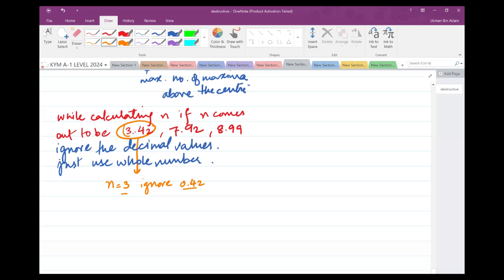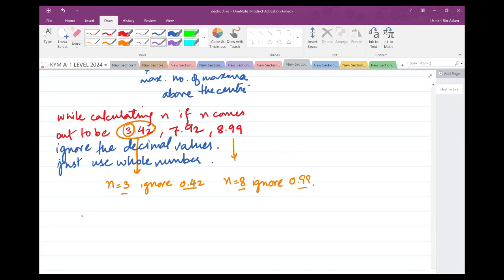That means 3 maximas are completely formed and 0.42 of a maxima was also being formed, but that 0.42 will not be counted as a complete maxima. In case of 8.99, n will be equal to 8, and you will just ignore the value of 0.99, even if it is almost a complete maxima, but it is still not a complete maxima. So you will just consider the whole number in your calculations and ignore the value of decimals.